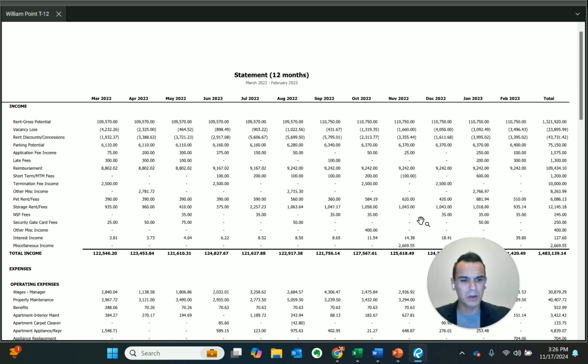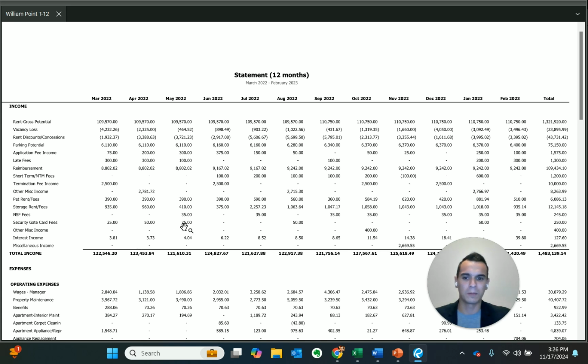So you can see it's very minimal here, 35 bucks when they have needed it. Security gate card fees, again, this is more of an accounting purpose. We're talking very minimal dollars at this point, especially other misc income, interest income, very minimal. So you don't need to necessarily pay attention to too many of these.